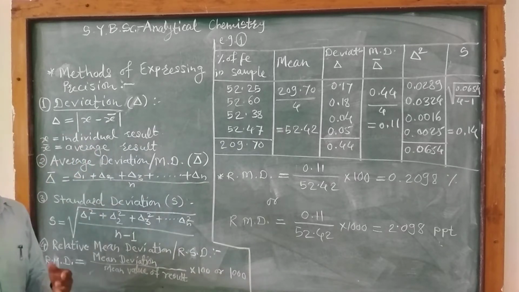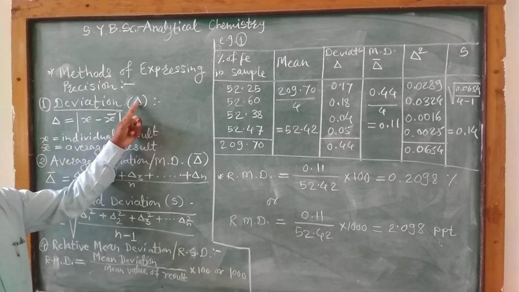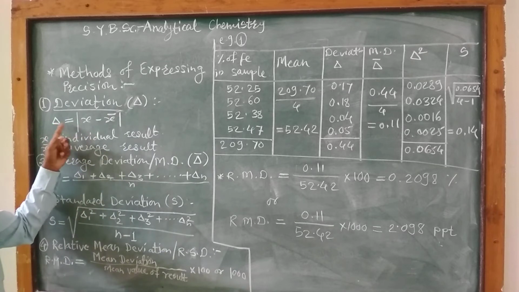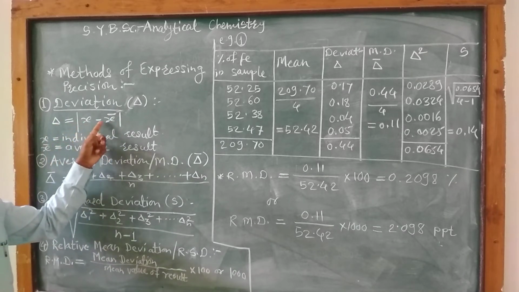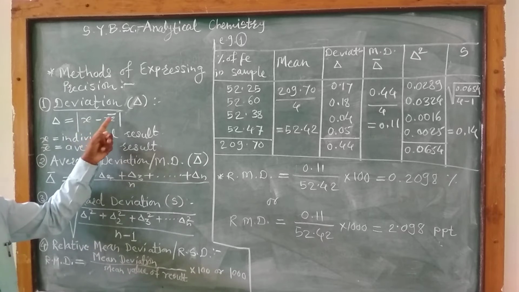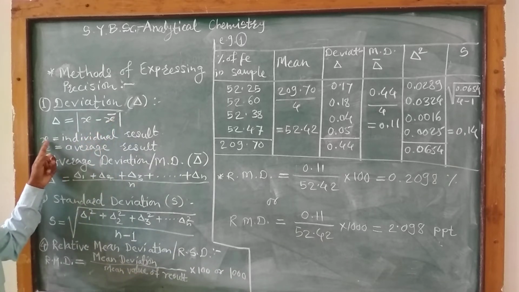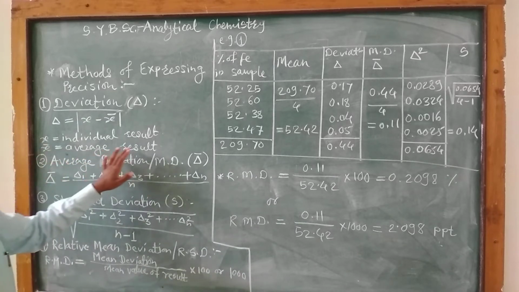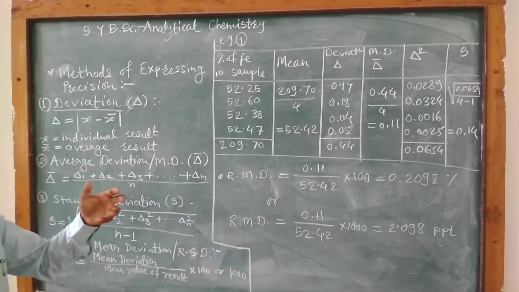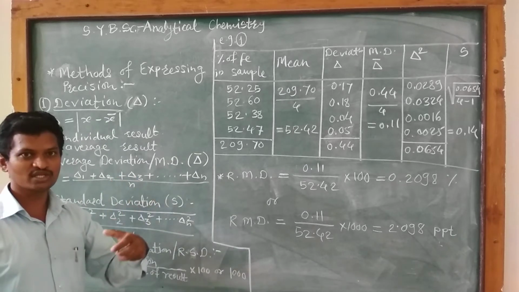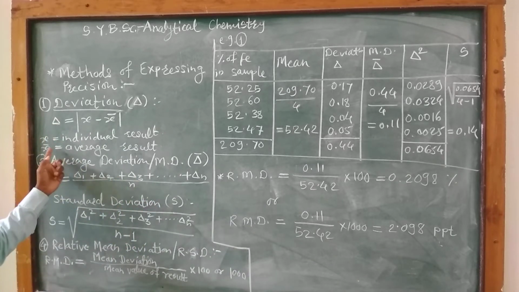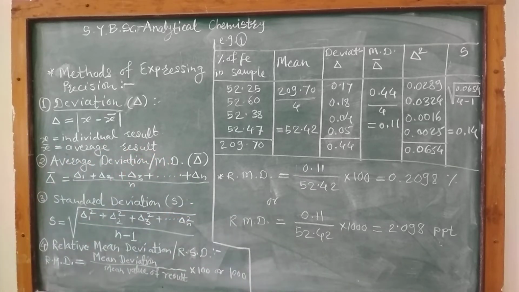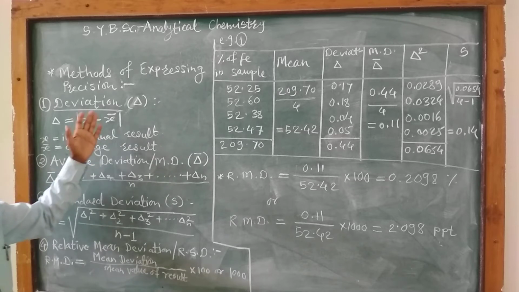So del is equal to mod of x minus x bar. What is x? x is the individual result, our individual observation or measured value, and x bar is the average value or average result of the given data. So this is a simple definition of deviation.